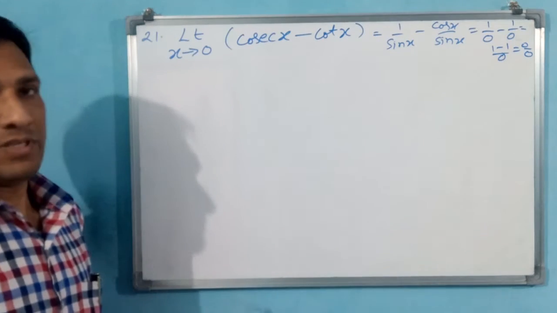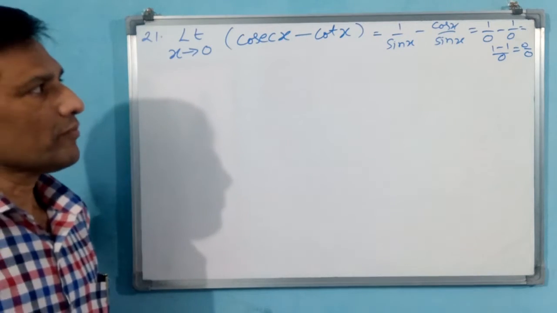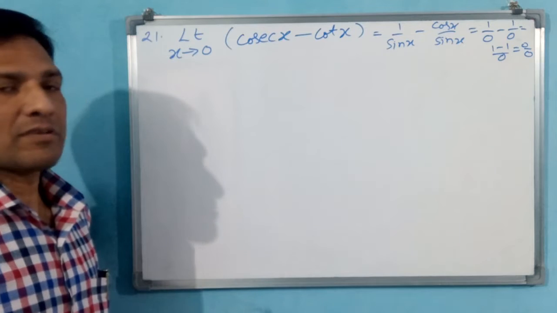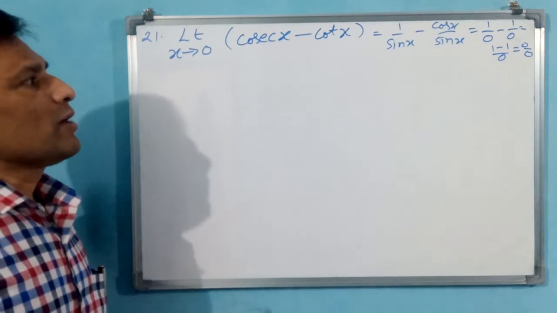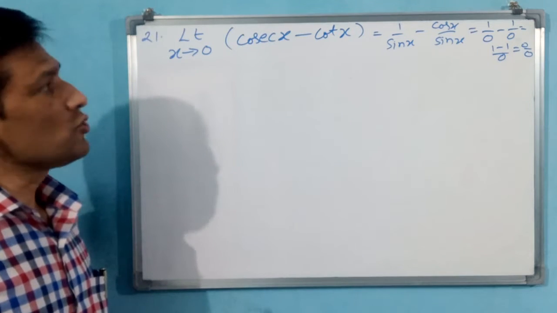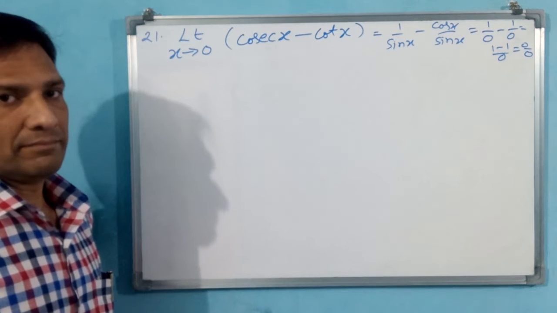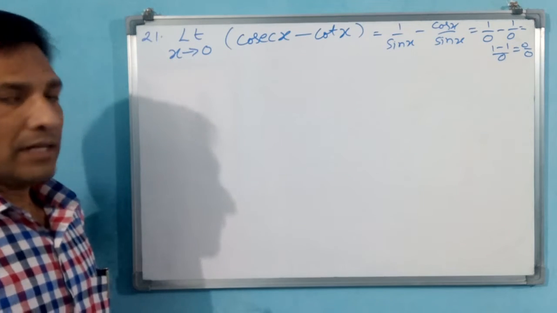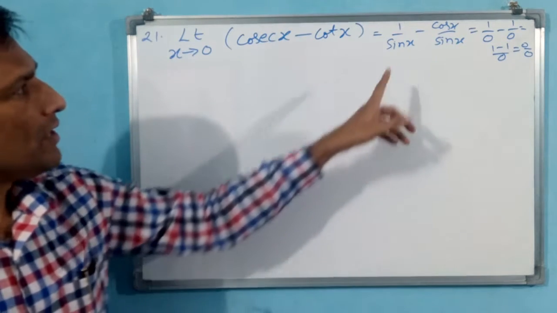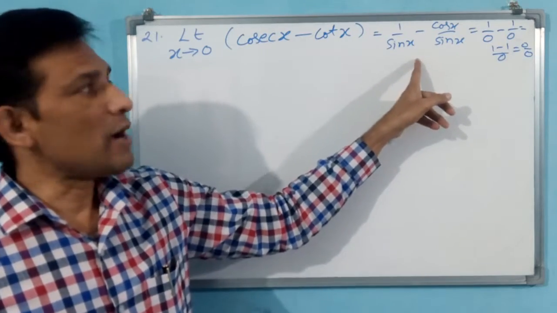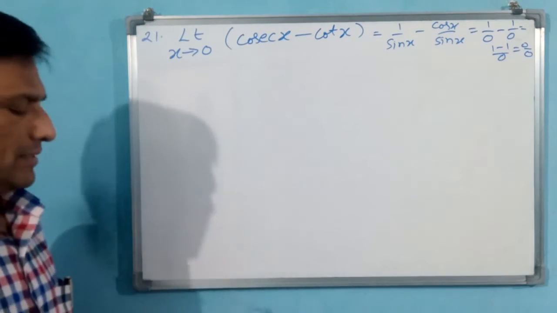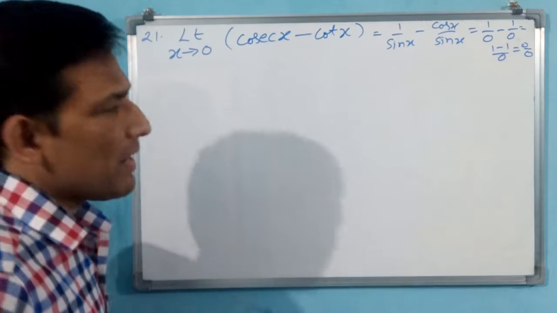First you see the analogy. Because the denominator 0 is common, you can take 1 minus 1 by 0, 0 by 0, but you should not get 0 by 0. See, here only the logic is there. Both have sin common, then you take 1 minus cos x, and you will get some idea.